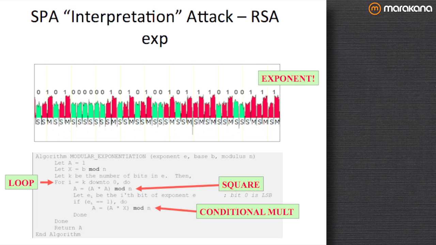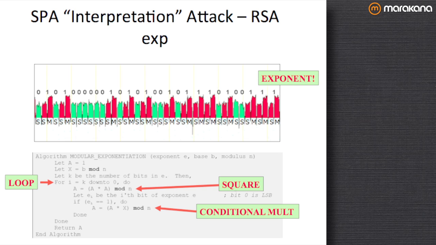So this is an example of a wired attack again, also on a microprocessor. And you can see that there's some information here. There's some peaks here, some smaller peaks here, some valleys. And here's the implementation.